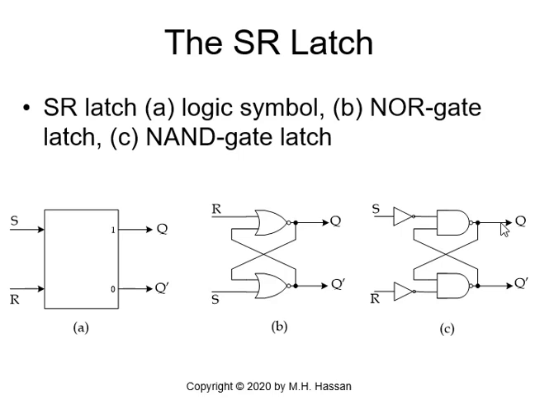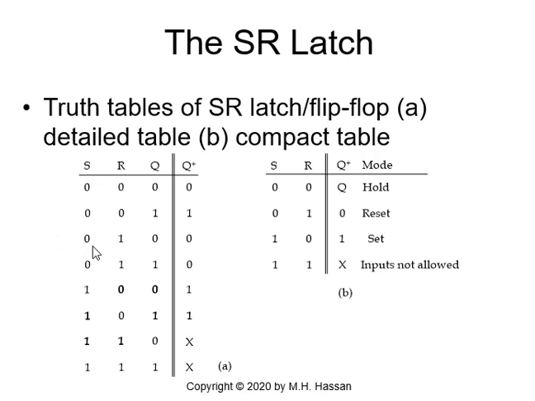So all this tells me that Q plus is 0 and Q plus prime is 1. So the 0 will remain 0 and the 1 will remain 1. No change, right? So this proves this row of the table, that we have 0, 1, 0, the output remains 0.